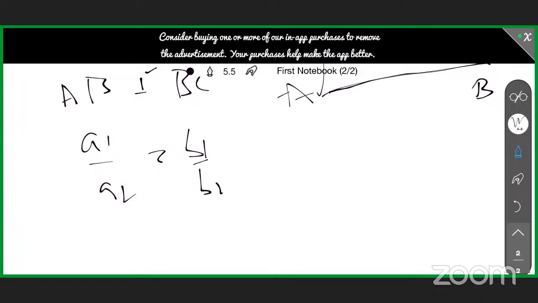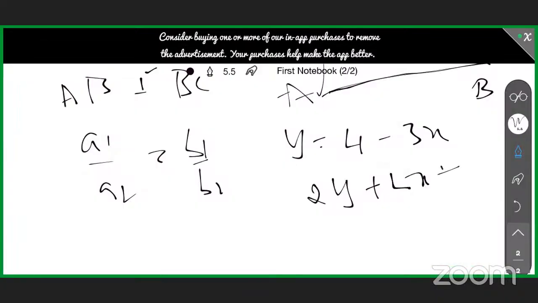4 minus 3x, and y plus bx plus 9 is equal to 0.